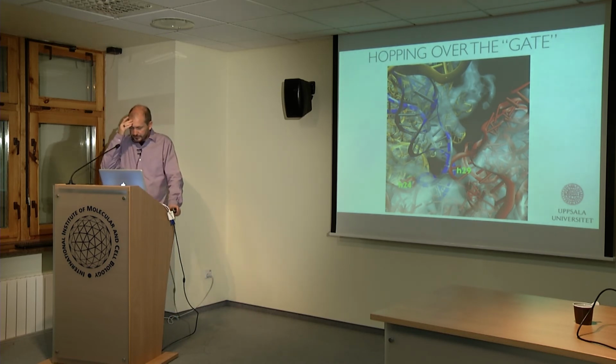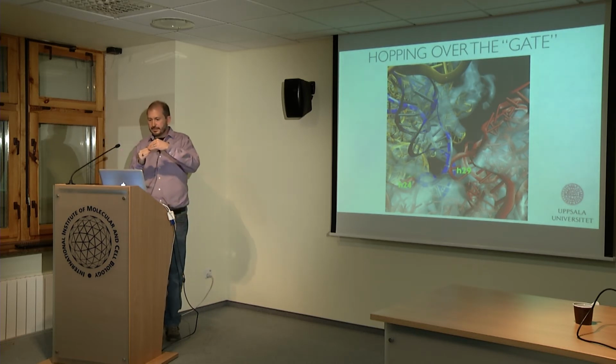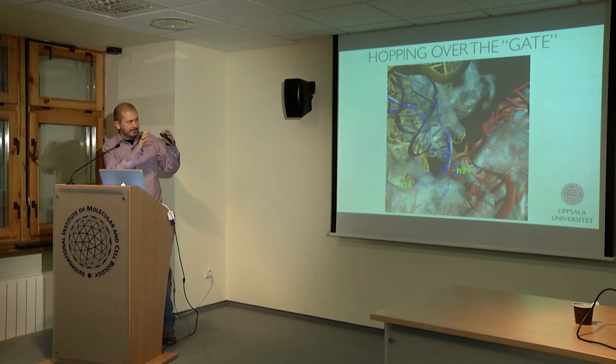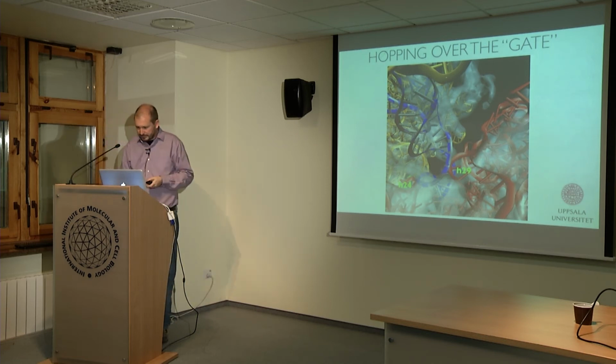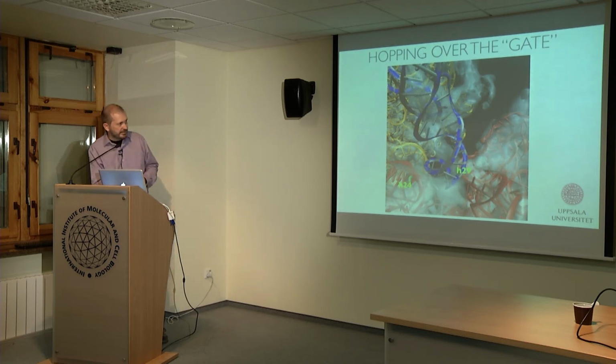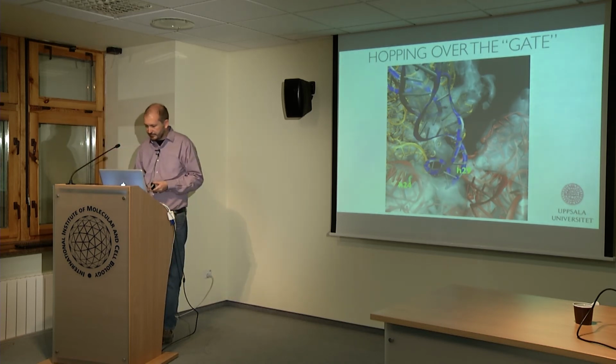Jamie Cade actually proposed that it worked like a pawl, like there's a sort of gear, and a pawl is like a ratchet mechanism. And he proposed that the head would sort of go down and let the tRNA go through it and come back up. So our model suggests that the opposite happens, that tRNA actually hops over the gate and then settles in once the gate has passed.